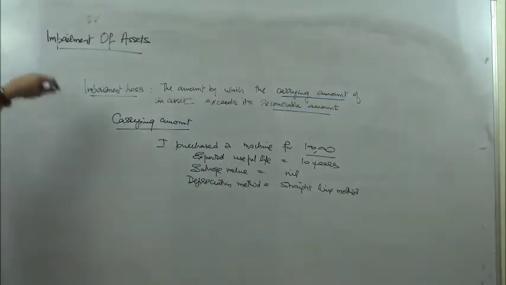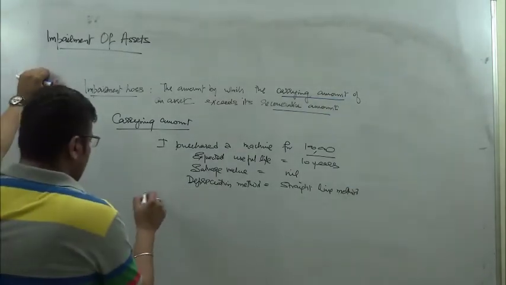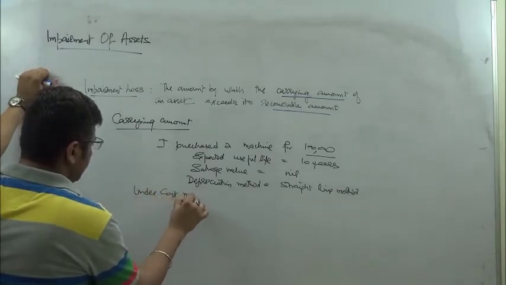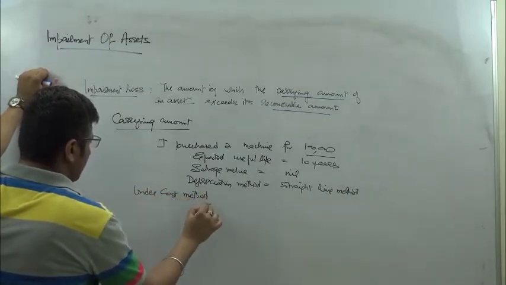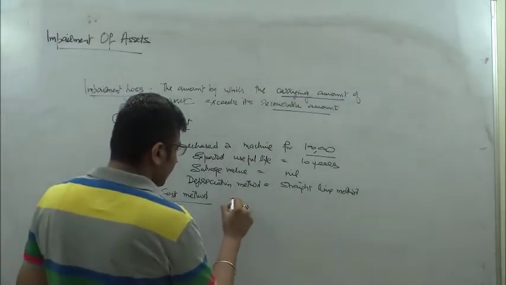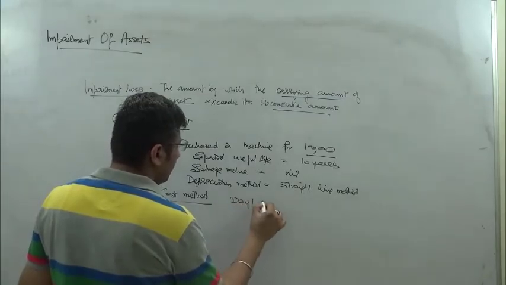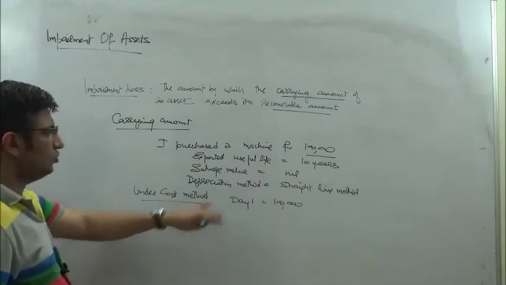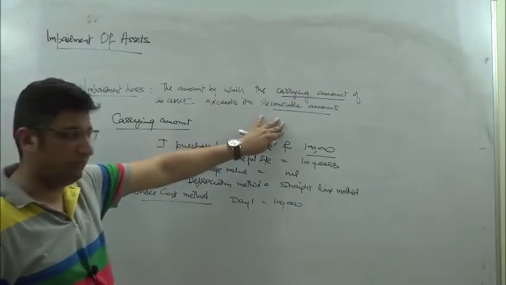Under the cost method, the carrying value for this asset will be, on day one, 100,000, assuming this also to be the fair value of that asset.